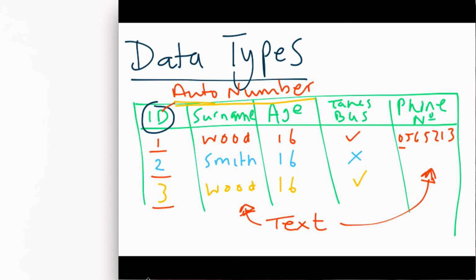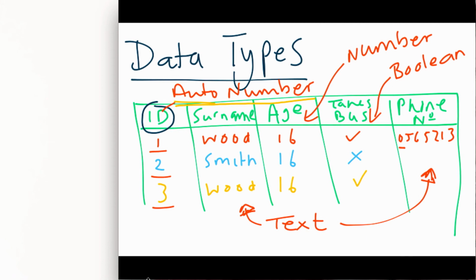Let's just rub this out. So these 2 fields here would be set to text. This field here would be set to number because it contains an integer, a whole number. The take a bus field would actually be set to a data type of Boolean. And Boolean is a true or false, a yes or no, a 1 or 2, a 0 or 1 data type.